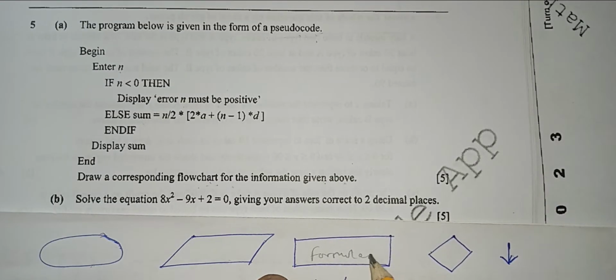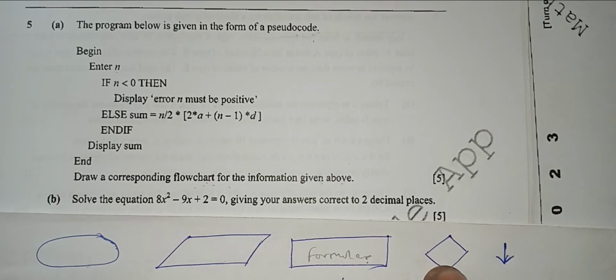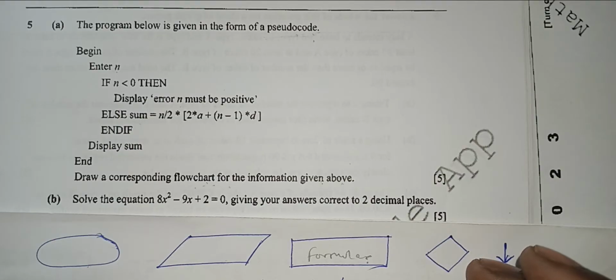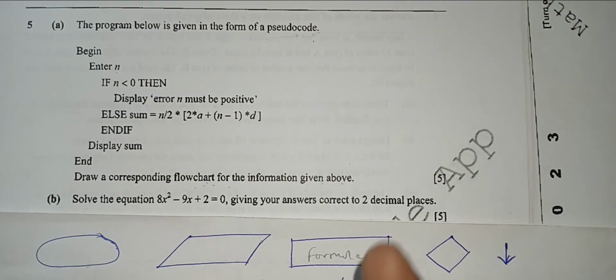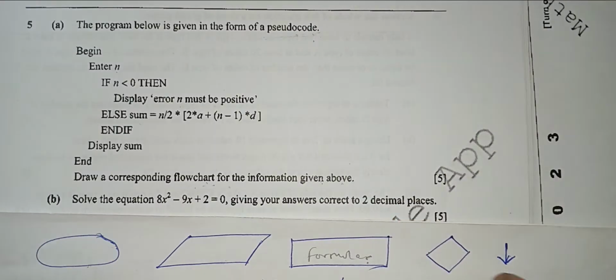So this is where the formula is supposed to be presented. The other symbol here is the decision box or the diamond box. There are situations where we can have a condition which has to be satisfied in order for a task to be performed. So for conditions where two outcomes are expected, a yes or no situation, we can use the decision box.